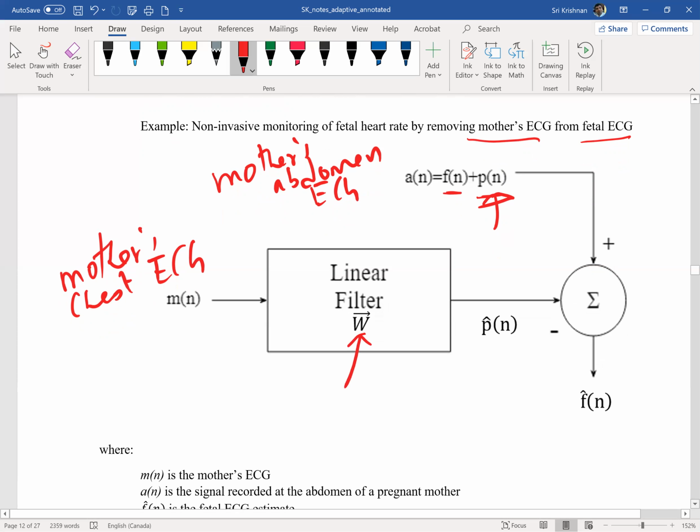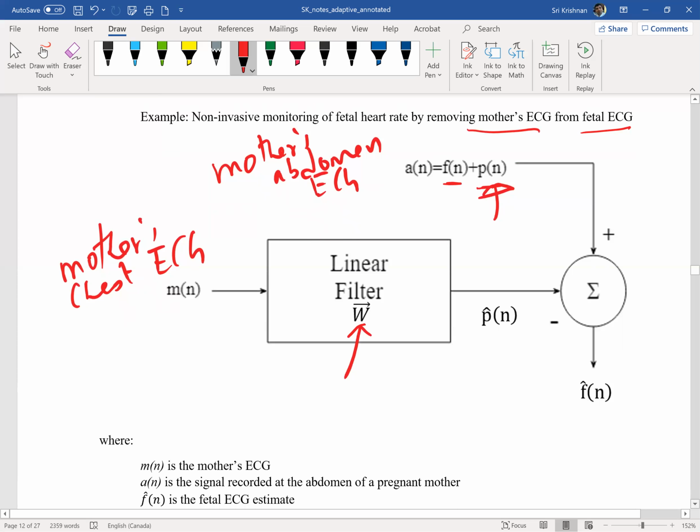When that happens, the output of this linear filter would be an estimate of the mother's ECG at the abdomen, and by subtraction of that, the output that we get from this adaptive system is an estimate of the fetal ECG.